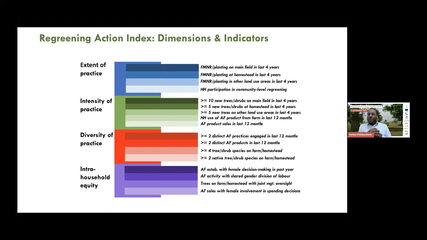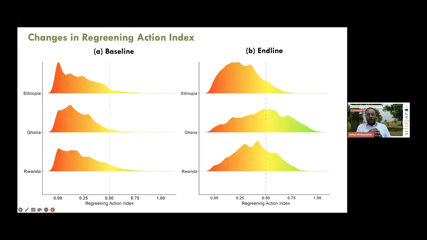The Regreening Action Index also captures the intra-household equity dimensions, which looks into the roles of women in decision-making in establishing agroforestry and also the use of the products derived from this activity. Next, please. Tesfaye, we invite you to finish up.